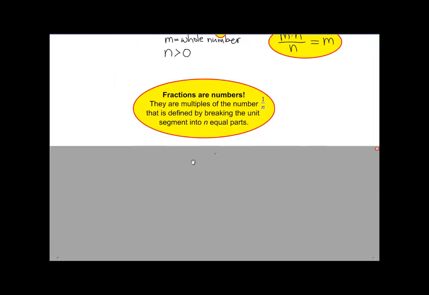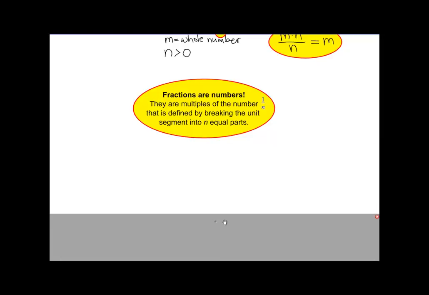So you may notice that by breaking the unit segment from 0 to 1 into smaller and smaller and smaller subsegments, we can fit an infinite number of numbers between 0 and 1. So you may be tempted to conclude that there are no other numbers except for whole numbers and fractions.